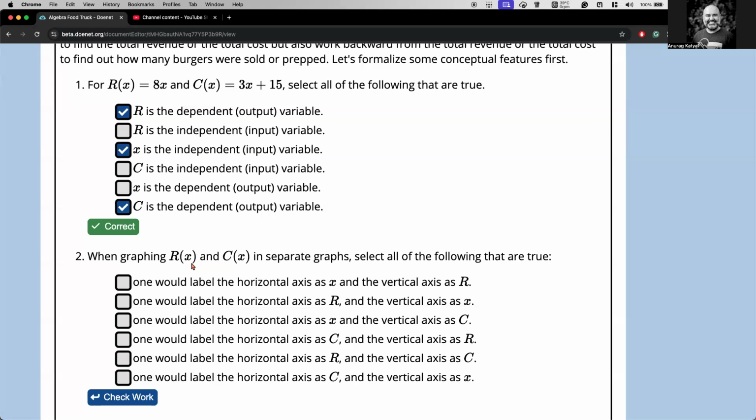You could have p's and q's and g's and h's. I don't want people getting things marked wrong because you used x's and y's again. You got to use the variables that the question gives you. So which of these would need to be marked? One would label the horizontal axis as x, which makes sense because x is the independent variable, and the vertical axis as R. I agree, because that's the dependent variable.